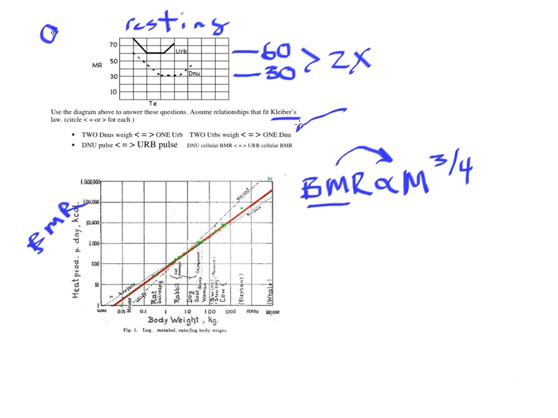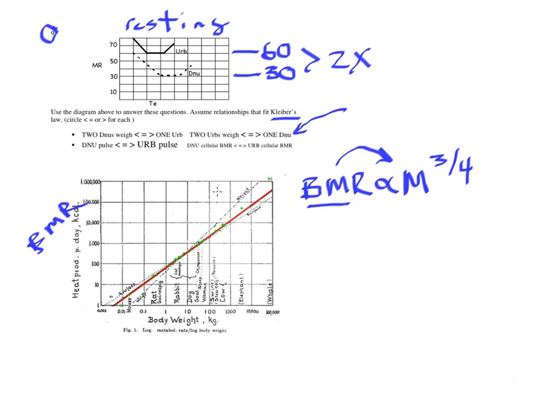Therefore, this question, 2 Urbs weigh less, equal, or more than 1 Dnu, ought to be easy for you, since if this creature weighs more than this creature, 2 of these creatures, oh boy, is that going to weigh more than 1 of those creatures.